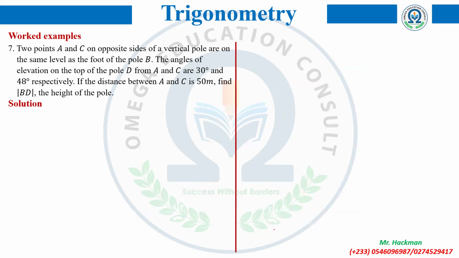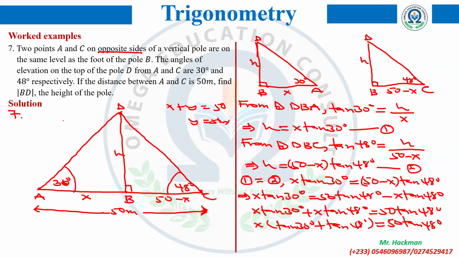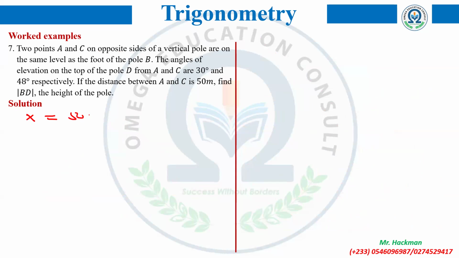So it will give us x is equal to 50 tan 48 degrees, all over tan 30 degrees plus tan 48 degrees. So the rest becomes calculator work.